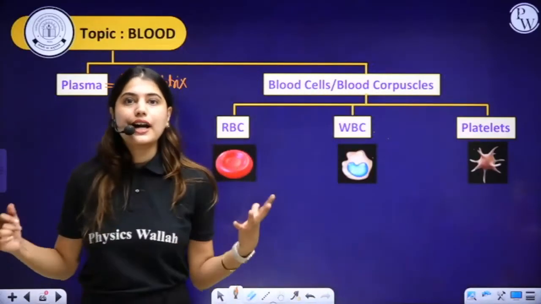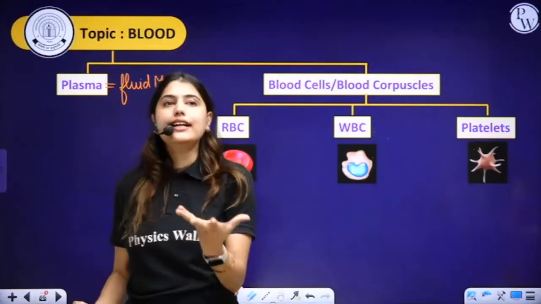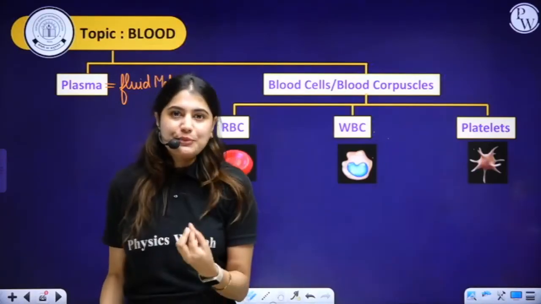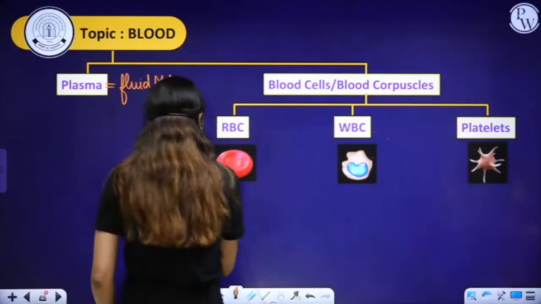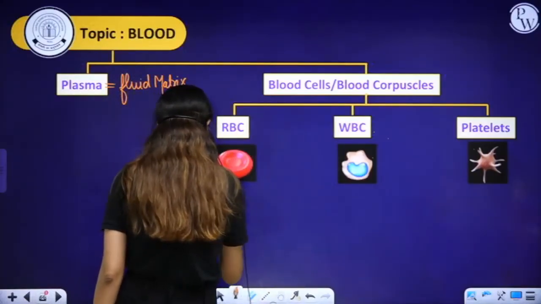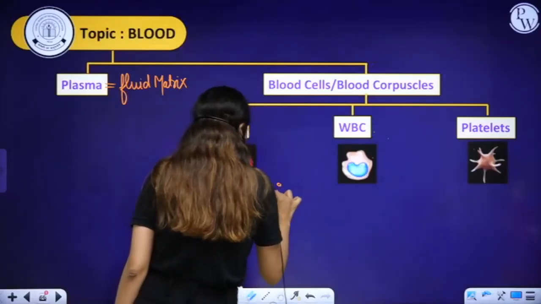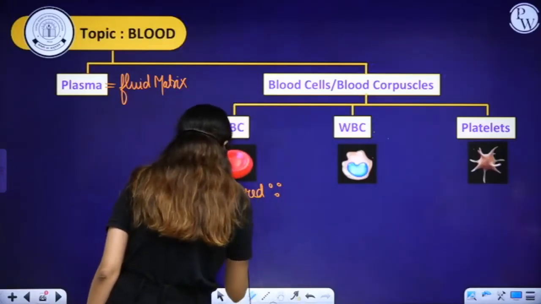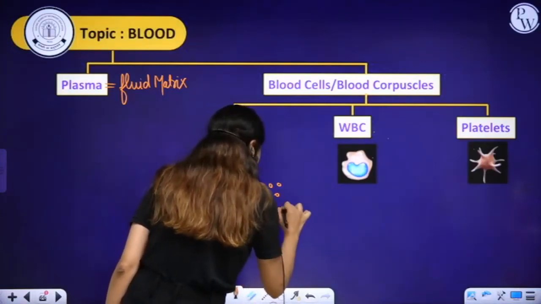What is red blood cell doing? Why is red blood cell red in color? Why is our blood red in color? This is because they have a pigment called as hemoglobin, right? We can say they are red colored because of hemoglobin. Is RBC only providing color to the blood?